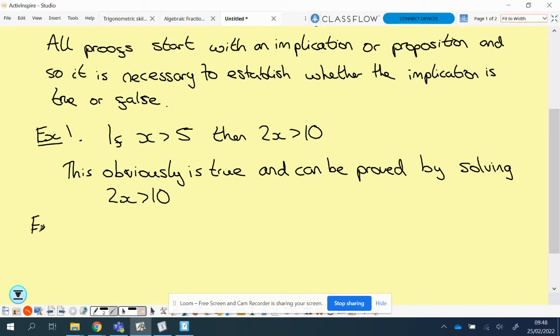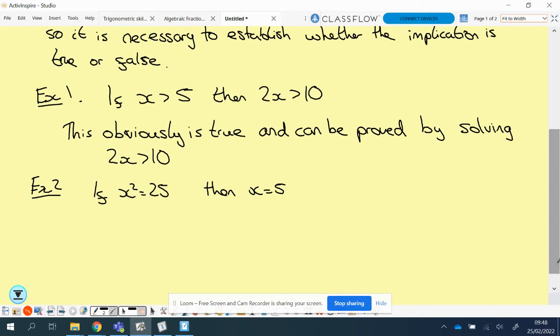Example 2. If x squared is 25, then x is 5. Class, would this be true or false? False. You're right, good. This one is false. We're not saying the opposite. We're not saying if x is 5, then x squared is 25, because that would be true. What we're saying is that if x squared equals 25, then x had to be 5, and that's obviously not right.